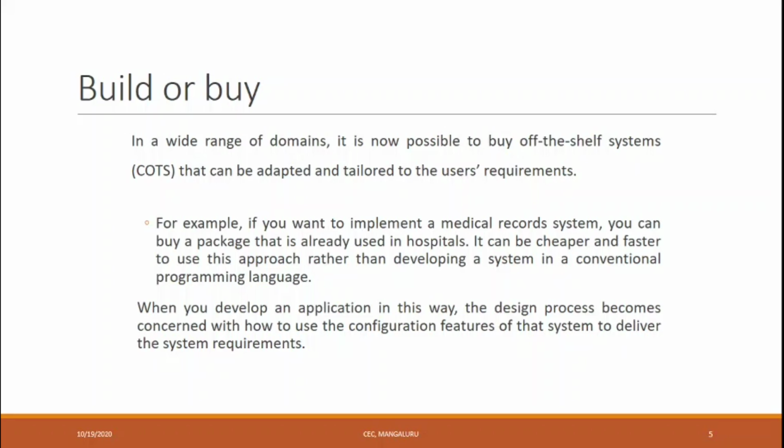For example, you may have a product designed for the Unix platform, but the customer requires it on Windows or some other platform, which the Unix product does not support. Then we have to do some configuration as per the customer requirements. So the configuration features of the system have to be used to deliver the system requirements. This is what build or buy means in software implementation.